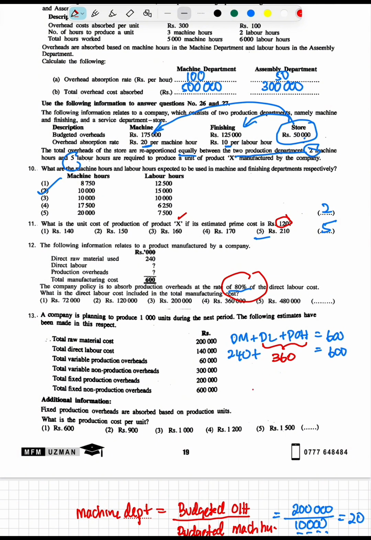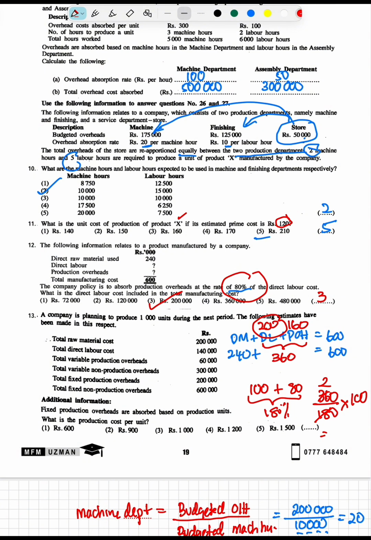So if direct labor is 100 percent, production overhead is 80 percent of that, which means this is 180 percent. So if 360 is equal to 180 percent, I can find out direct labor. 100 percent is 200. So if it is 200, 80 percent is 160. So 200,000 is the direct labor. Answer is the third option.